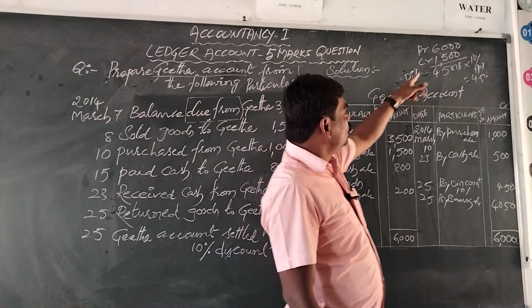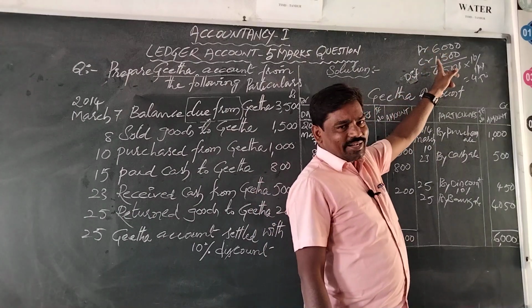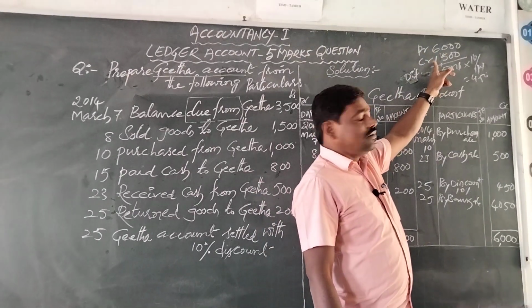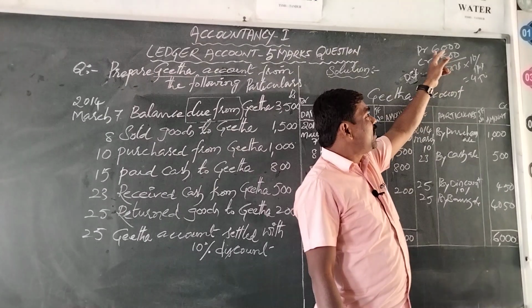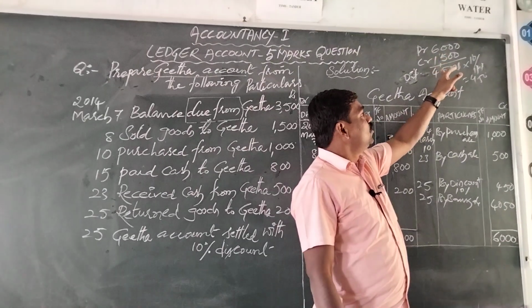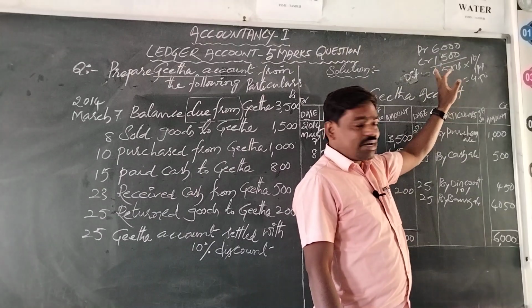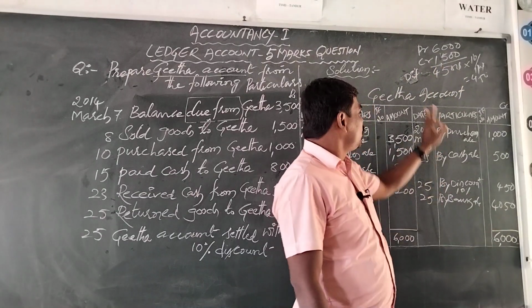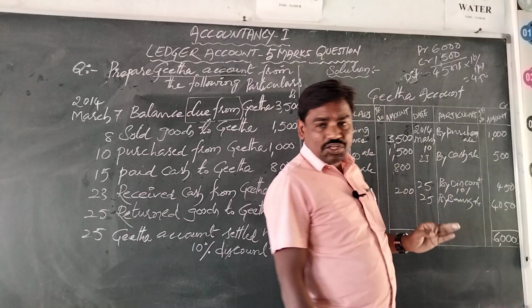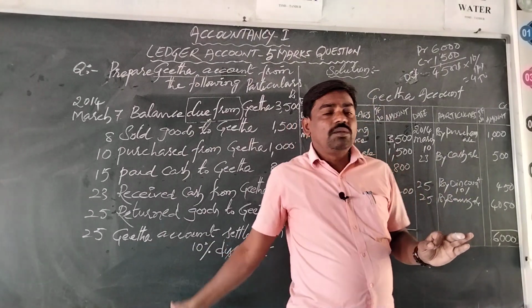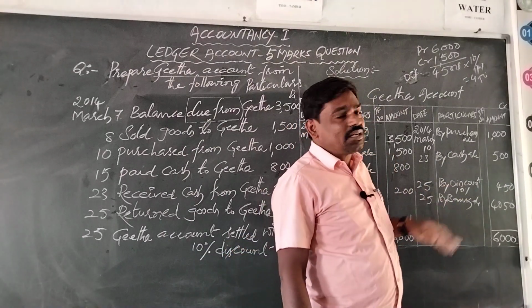Next, what we have to do: from the highest value we deduct the lowest value. You will get the difference figure, that is 4500. On 4500, this is the actual amount we need to collect from Geeta. But the condition is that 10% discount will be given to Geeta for the settlement of account.